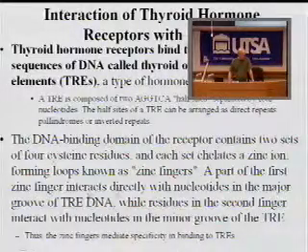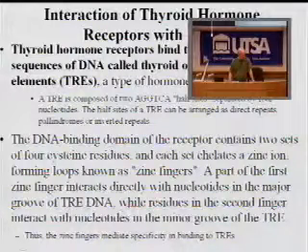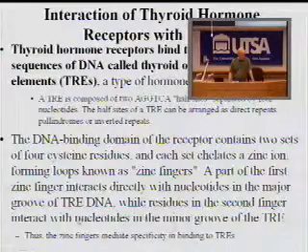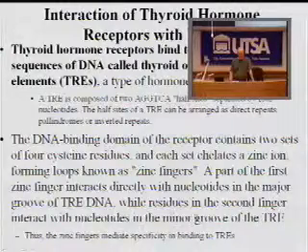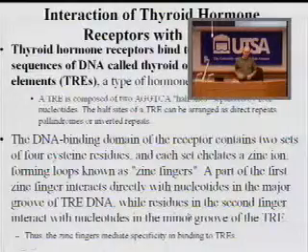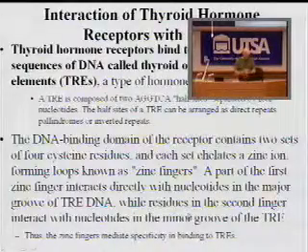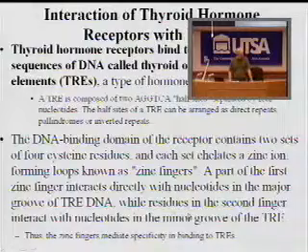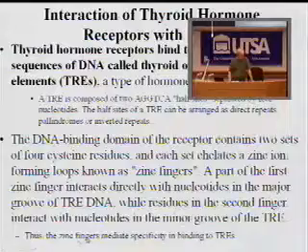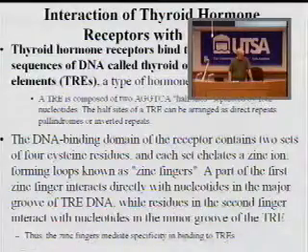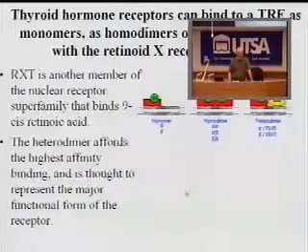A part of the first zinc finger interacts directly with nucleotides in the major groove of TRE DNA, while the residues in the second finger interact with the nucleotides in the minor groove of the TRE. Hopefully you recall that the DNA helix has a major groove and a minor groove. Thus, the zinc fingers mediate specificity in the binding of the TREs.